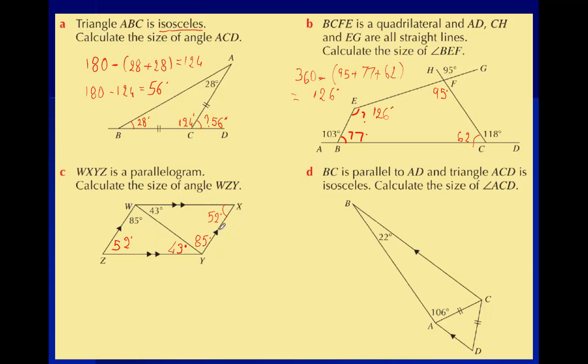And you can double check that: 85 plus 43 times 2, 256, minus 360 is 104, which is double these two.